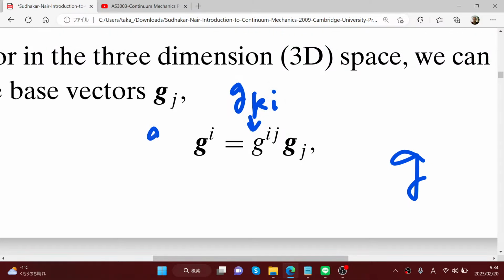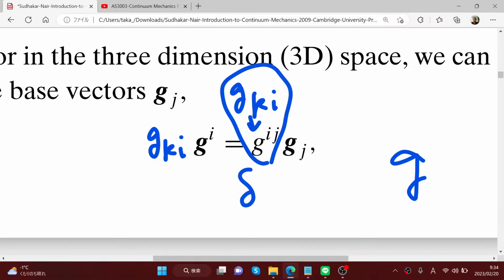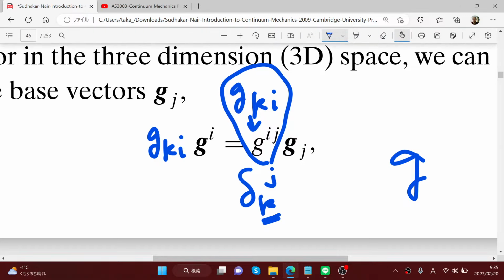See, so this is Gki, and this part is Kronecker Kj. Then k goes through 1, 2, 3. j here, summation convention.